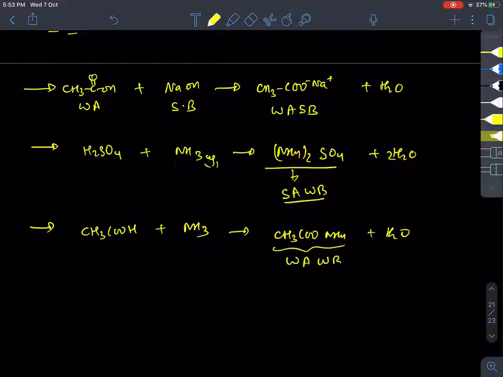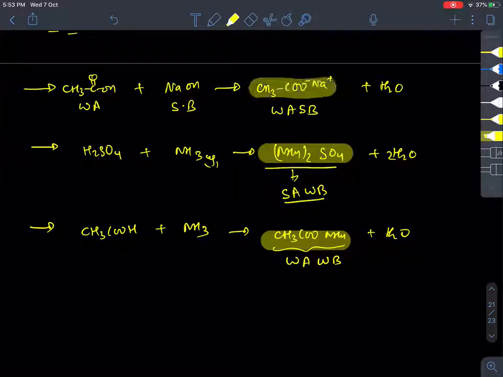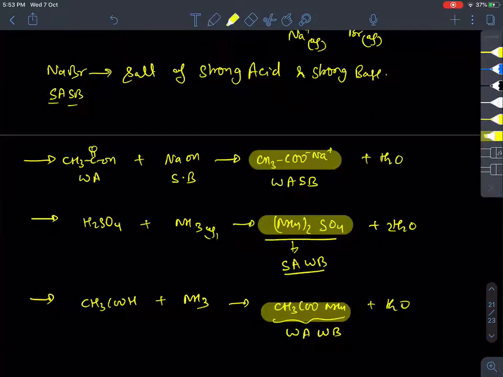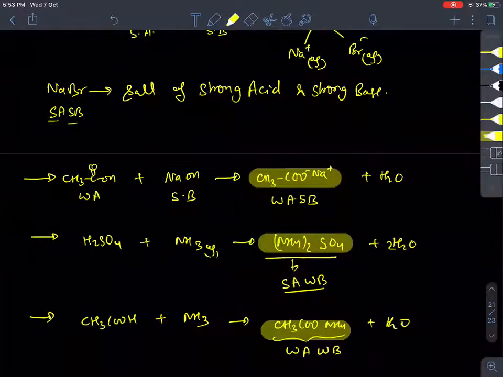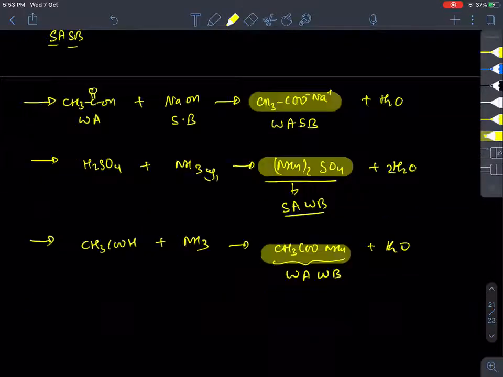So that's how it is written: salt of weak acid, weak base. Right, so these are the 4 types of salt which we have discussed.